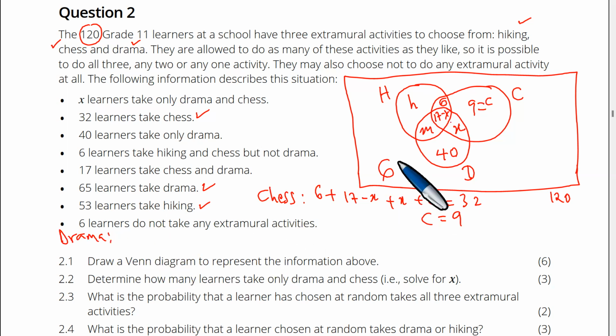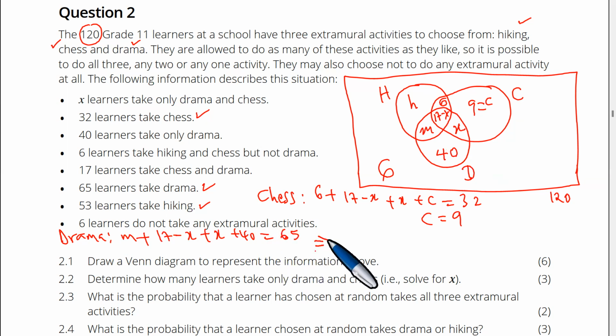It's going to become everything in the event D. So we have M plus 17 minus X, plus X, and then you have plus 40. We're adding everything in the drama because there are 65 learners who do drama, so this is going to become a big 65.